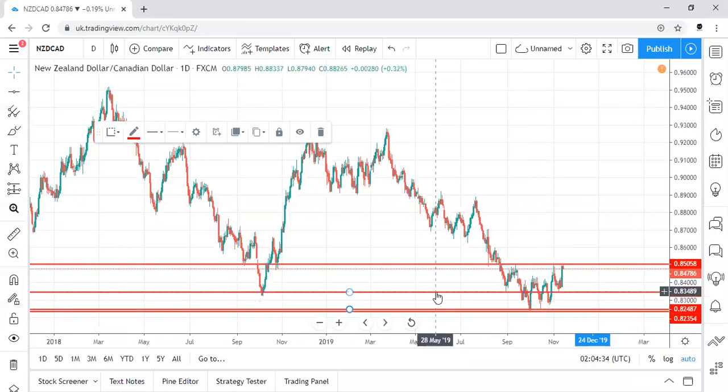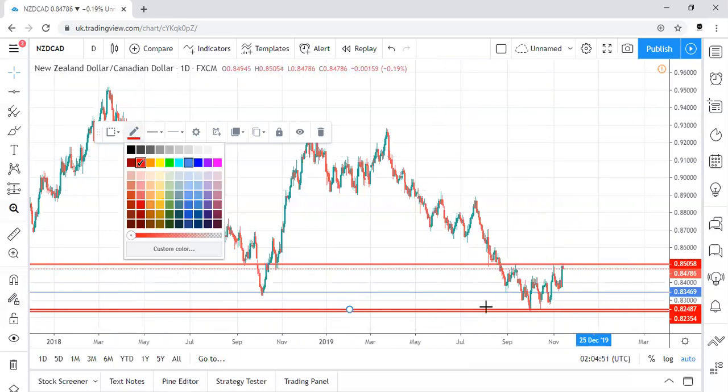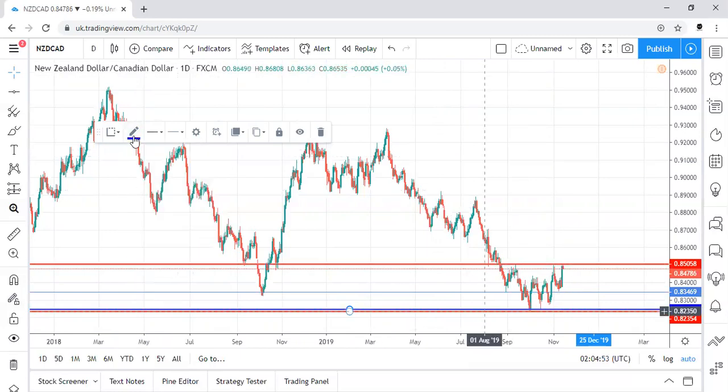So I'll swing this line into a smaller line because I feel it's a minor support level line. And I'll just change the color. I'll come back here, change my support lines to blue. This is where we buy when the market reaches this level.